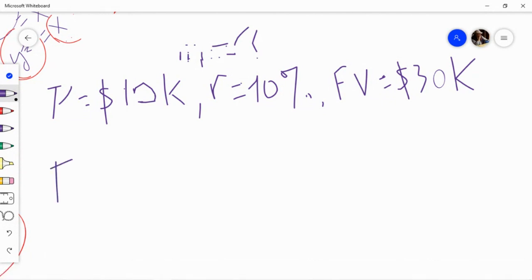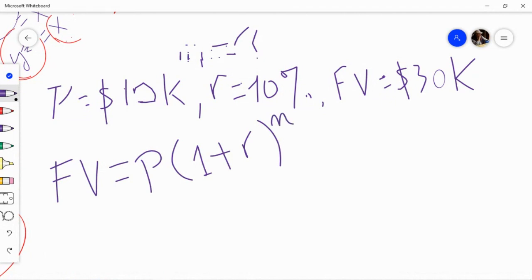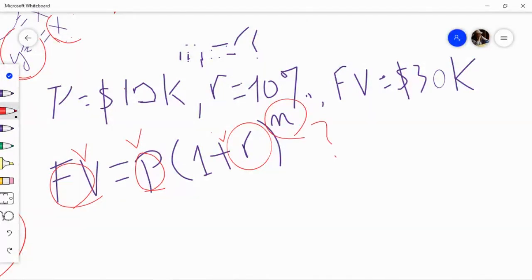The starting point is always FV equals P times (1 plus r) to the n. This time, everything else is known, but n is the unknown. So how do we isolate n?